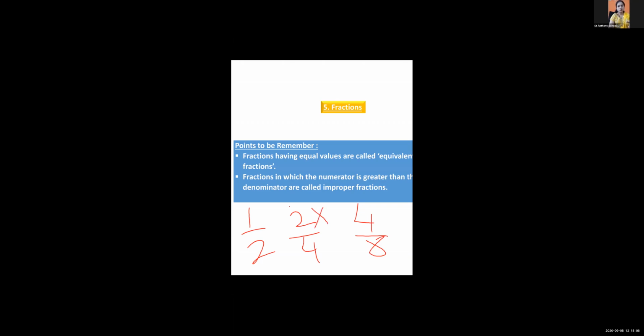So 2 into 2 and 4 into 2, numerator and denominator having the same number. Okay, as a multiplier, ये दोनों number same ही है. So 2 twos are 4, 4 twos are 8, means these are the equivalent fractions. The fractions having equal values are called equivalent fractions.